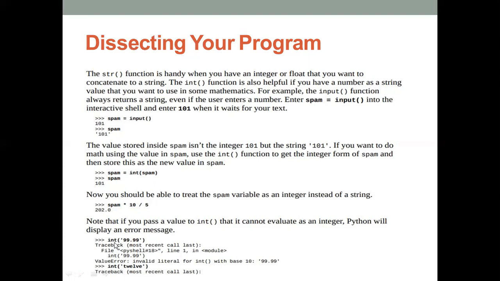Note, if you pass a value to int that it cannot evaluate as an integer, Python will display an error. So here you see int of a string. If you pass a string value to convert into an integer, but here the value is a string as well as a float, it will get confused. Why? If you directly mention the integer value 99 in the form of a string, then it will convert it.